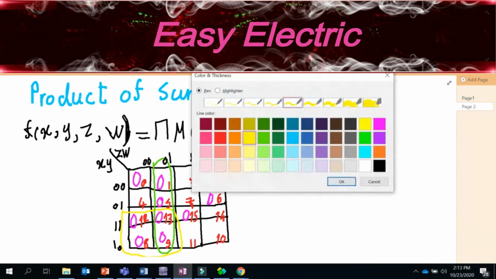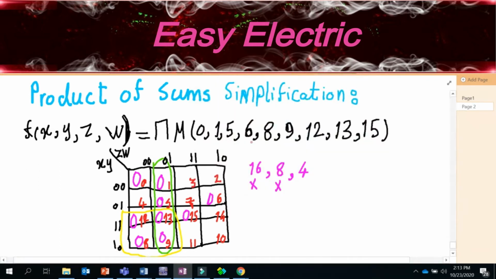Let's change the color and see if we have one more group of 4. It looks like yes, we have. If you select this with these 2 that you have here, they could be covered and be one group with 4 members. Okay, so the only thing left is these numbers 6 and 15.